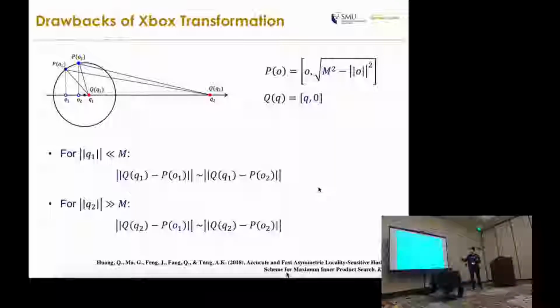In the original representation, you can see that O2 is very close to the query vector Q1 as compared to O1. But after the transformation, the distance between the new query and the new vectors becomes similar.